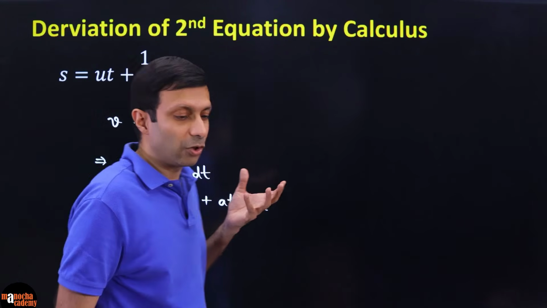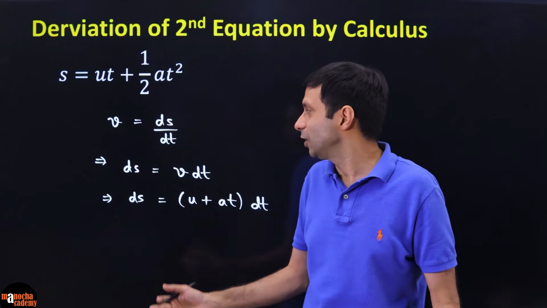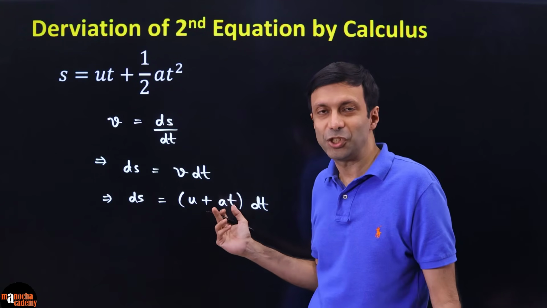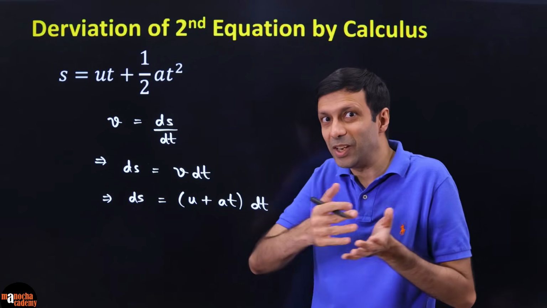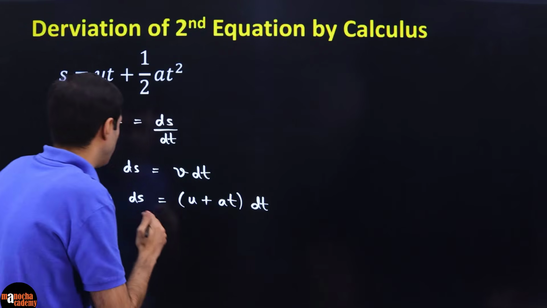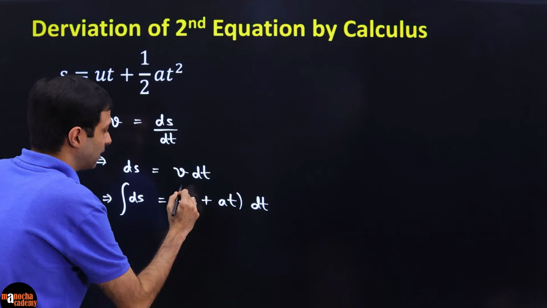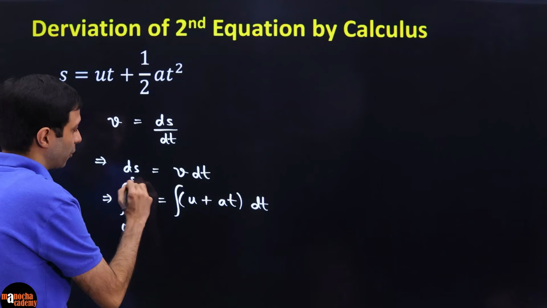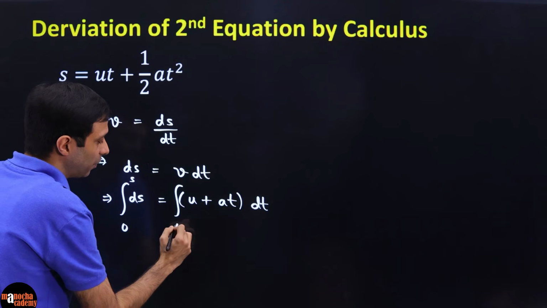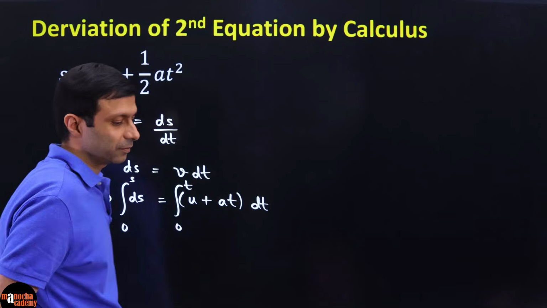Now I want to find the displacement. That means we need to do an integration of this expression, because I've got ds, the small displacement, we need to add it up. So we will do an integration on both sides, and this will get me the displacement from 0 to s, and here the limits will be 0 to t.